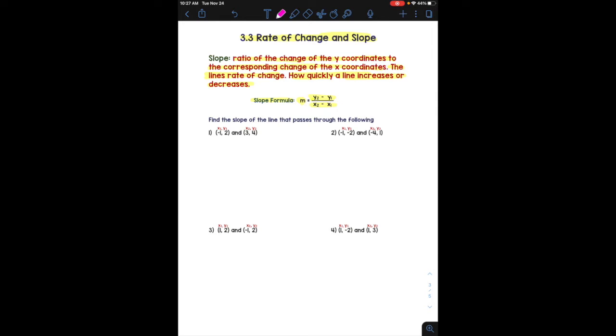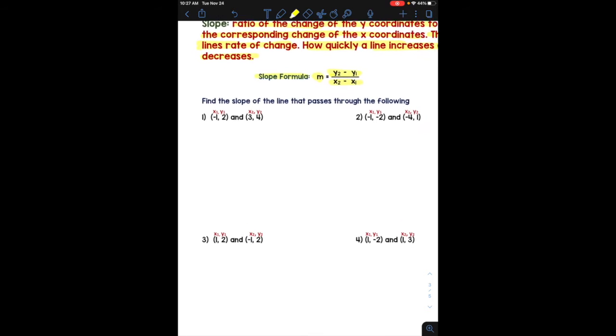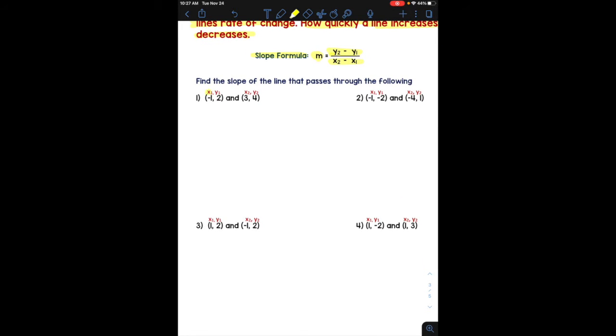So for problem number 1, as you can see at the top of the ordered pairs, we do have the x1, y1, x2, and y2 already notated for us. Since the first point, negative 1, 2, is the first point listed, that would be our x1 and y1 values.